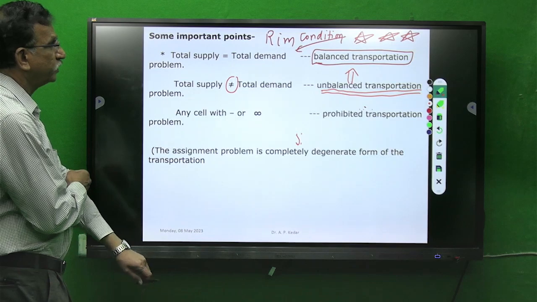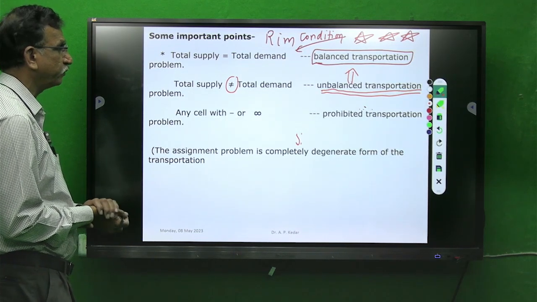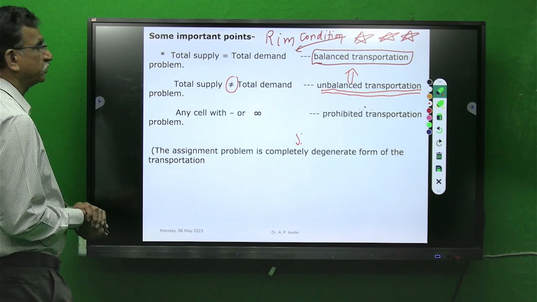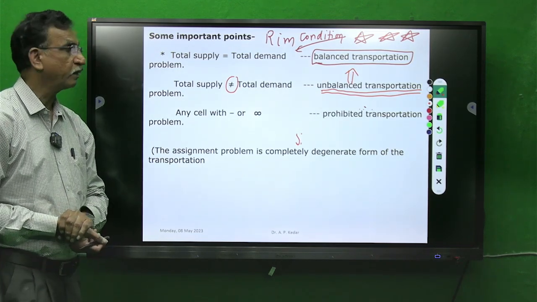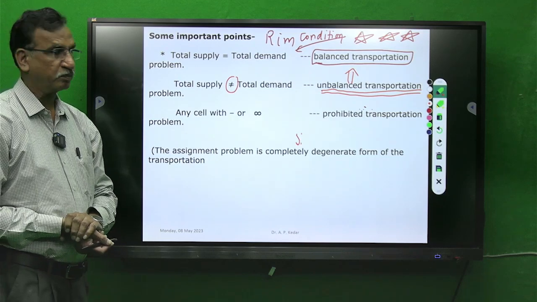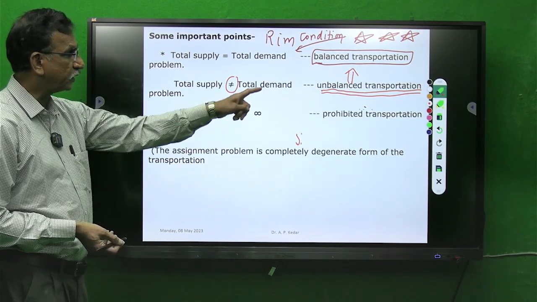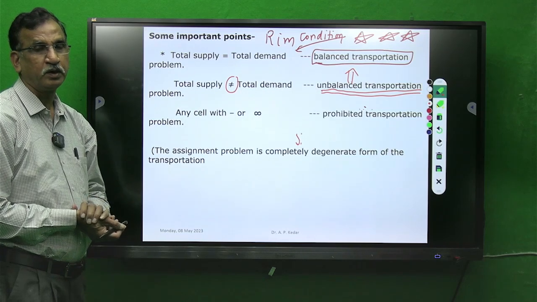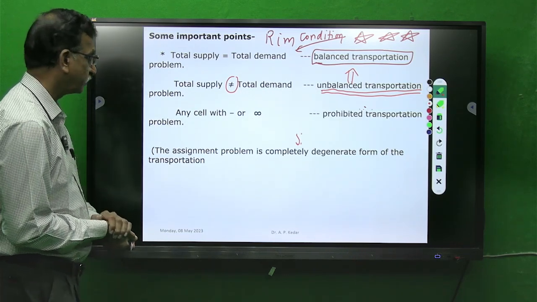One is when supply is equal to demand, which is the requirement of any transportation problem. It is referred as balanced transportation problem. When supply is not equal to demand, it is referred as unbalanced transportation problem. But anyhow, we have to convert that unbalanced transportation problem into balanced problem to satisfy the Rim condition.